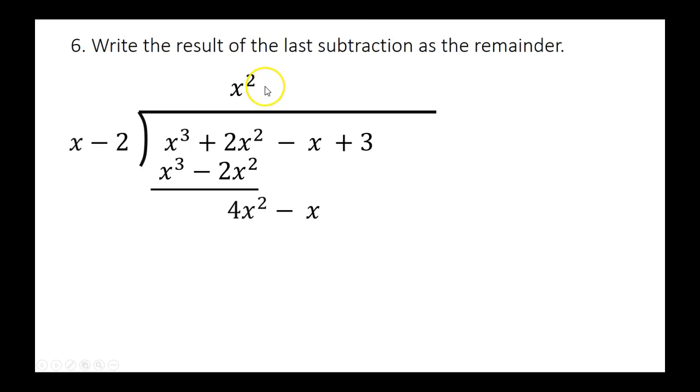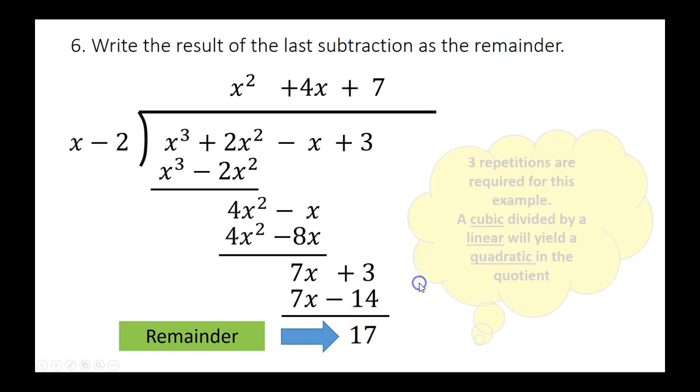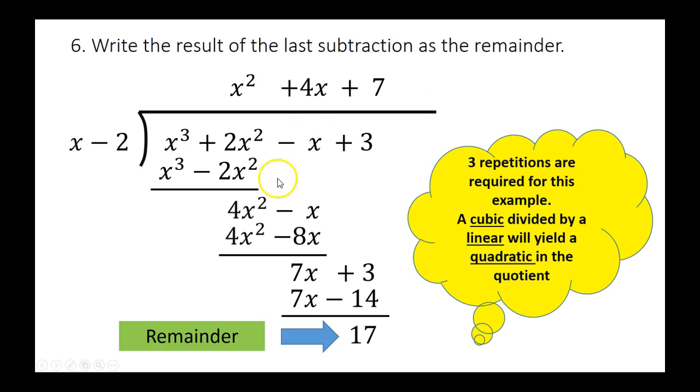Write the result of the last subtraction as the remainder. At the end you might get something left; in this case, it's 17. That is your remainder. 3 repetitions, so you need to do this subtraction 3 times, is required for this example.